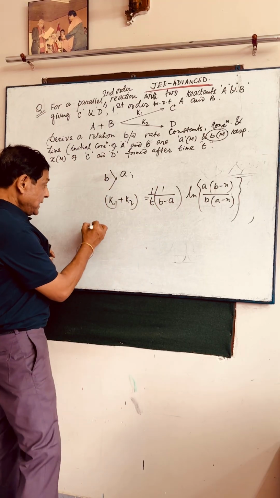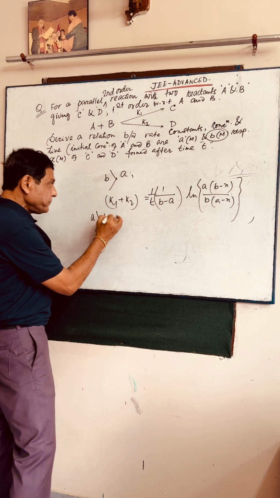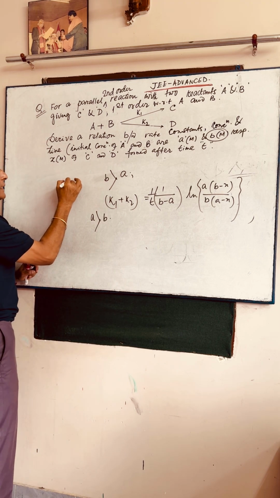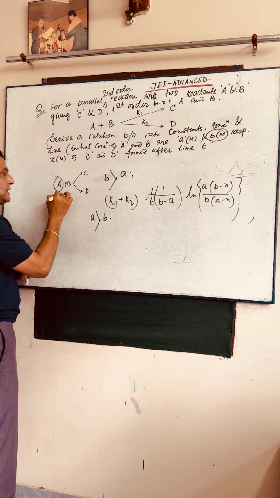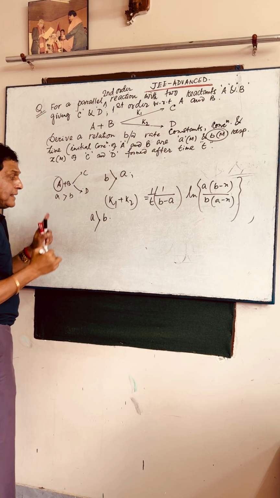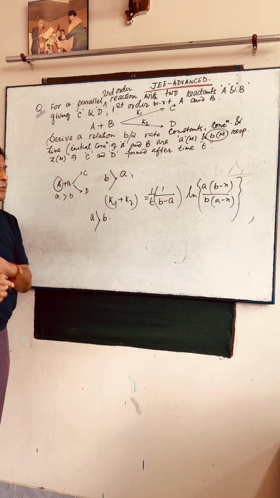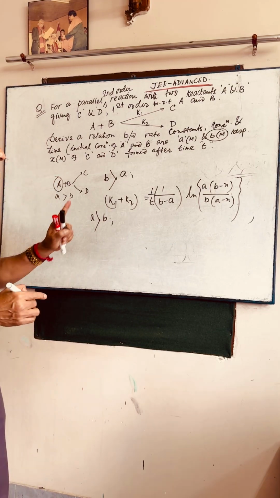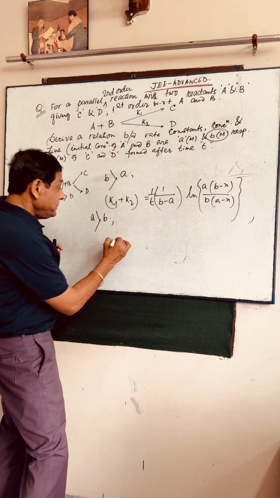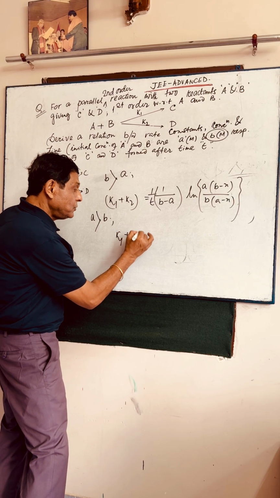Now, if A is greater than B, in that reaction A plus B giving C and D, if A's initial concentration is greater than B, then you will do it at home. What will be the final integrated rate law? It will be K1 plus K2.